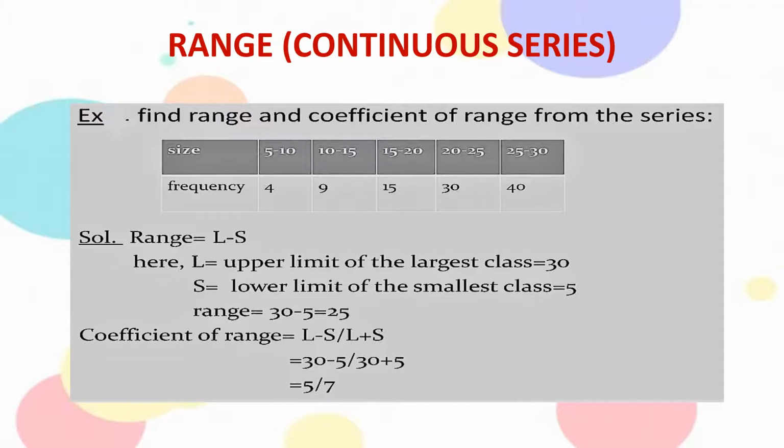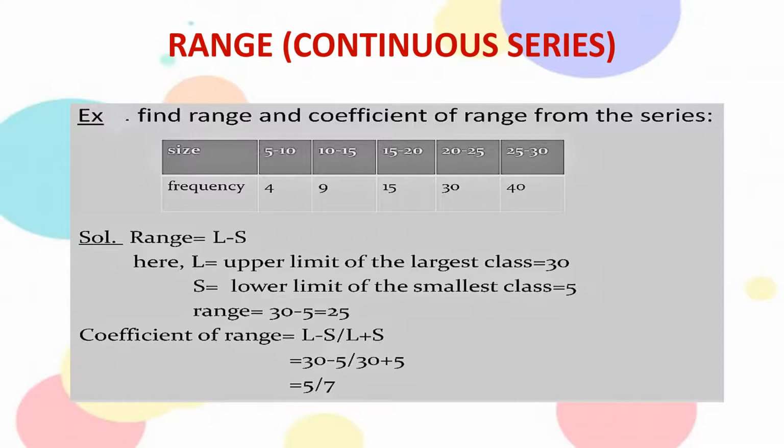As we can see, in the first class the upper limit is 10, and in the second class the lower limit is also 10. But in the first class, we are not going to include that 10 into our class values, frequency values. We are only going to consider 5 to 9 values. And where do we include this 10 then?